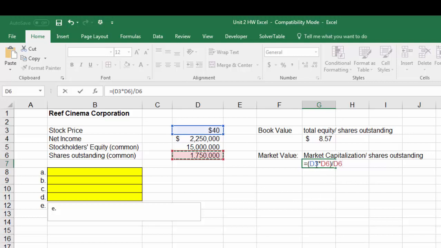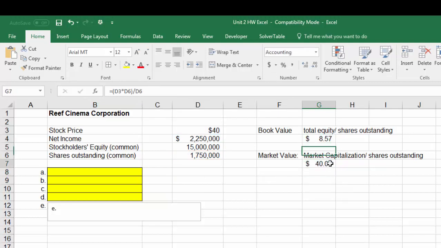So the market cap, you'll remember, is the market value of all the shares. So the market price times the shares, then we're going to divide that back by the shares. Well, that's going to work out to our $40, isn't it? I screwed up here. That's going to work out to our market value, $40 per share. So interesting how the market's valuing this company much more than their own balance sheet is.